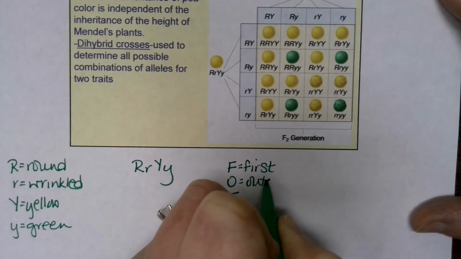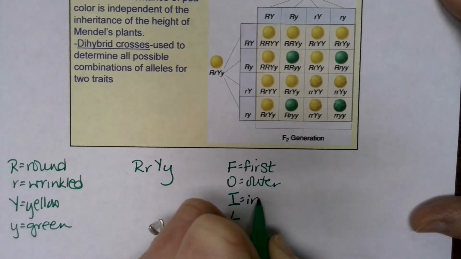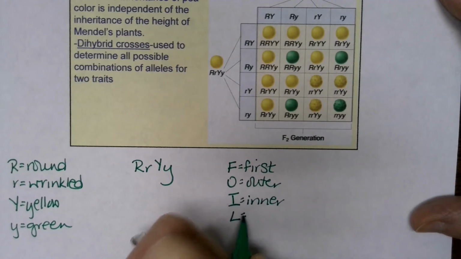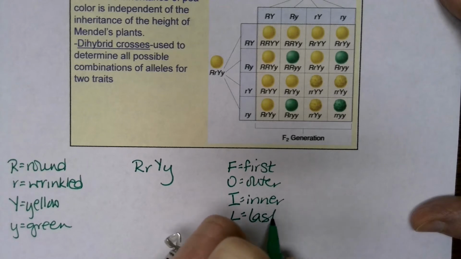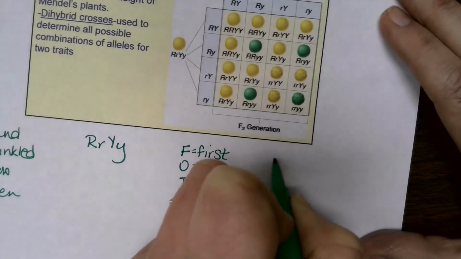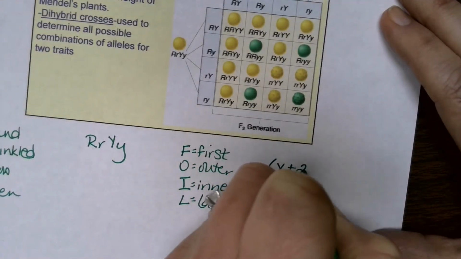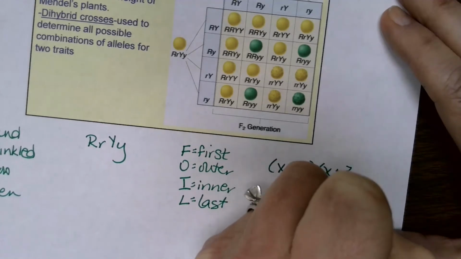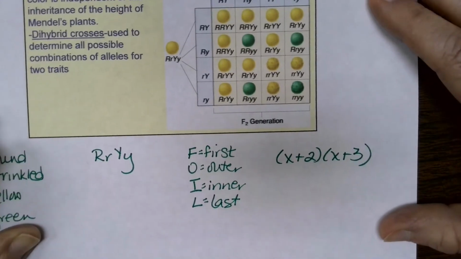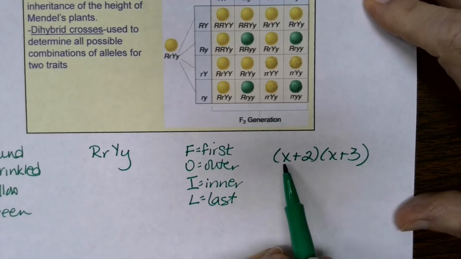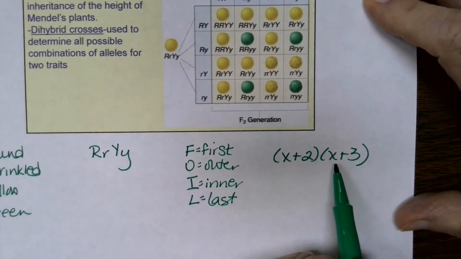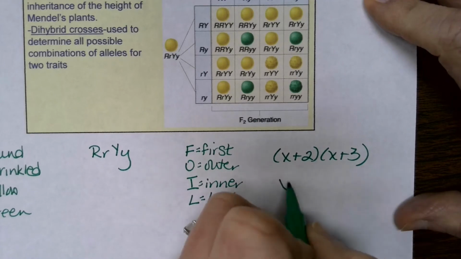So I'm going to work a math problem first. Let's say that in math, your teacher tells you to simplify this: x plus 1 times x plus 3. You're going to multiply your first, which is going to give you x squared.